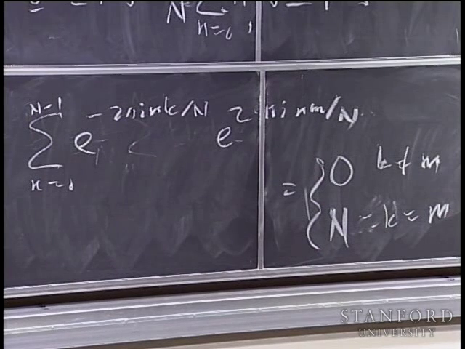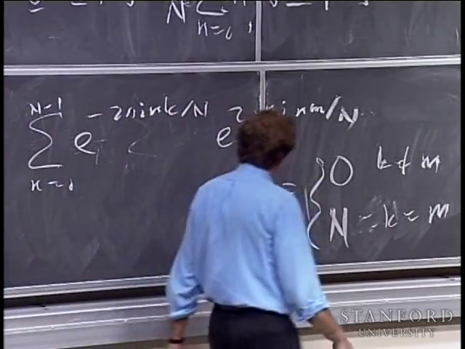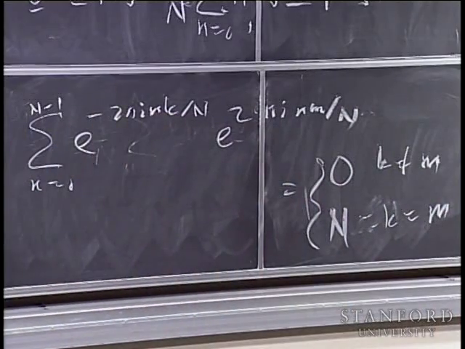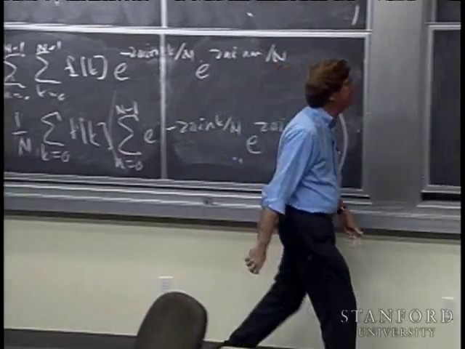All right, so only one term survives here in the outside sum. The only term that survives is when k is equal to m, in which case you get N times 1 over N times f of m.